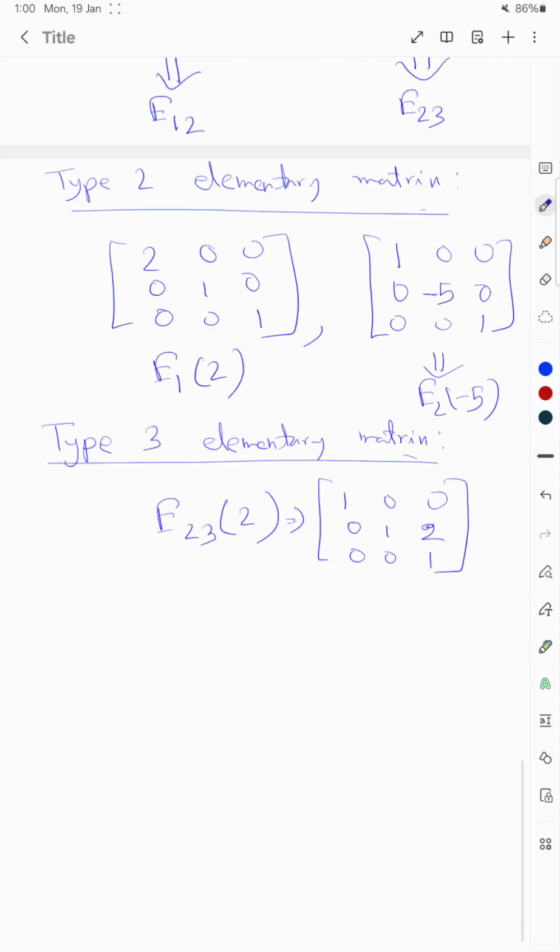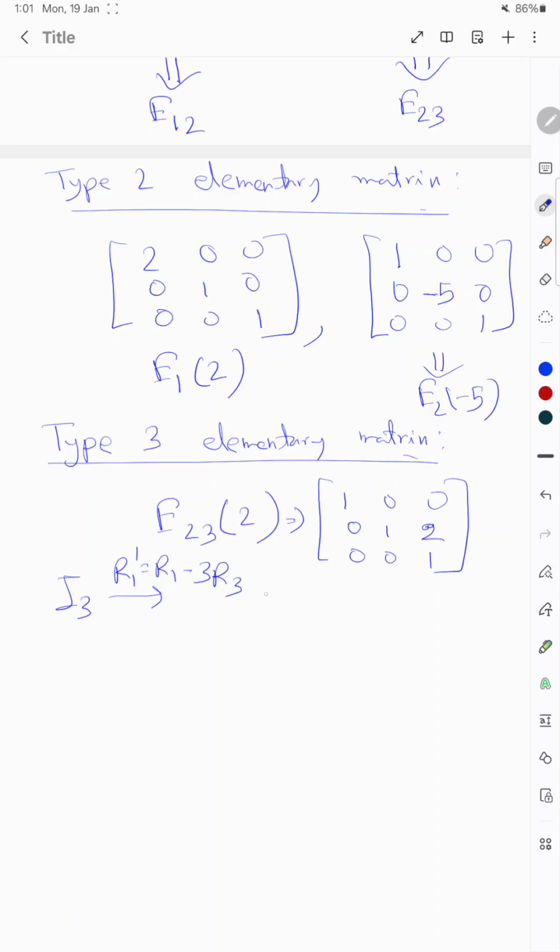Okay, so you can think in this way also, that the 2/3 element is 2 in your identity matrix, so this is the notation, right? In this way also you can think. Okay, I am doing one more. Suppose you have I3 and you are doing the operation R1 dash is equal to R1 minus 3 R3.